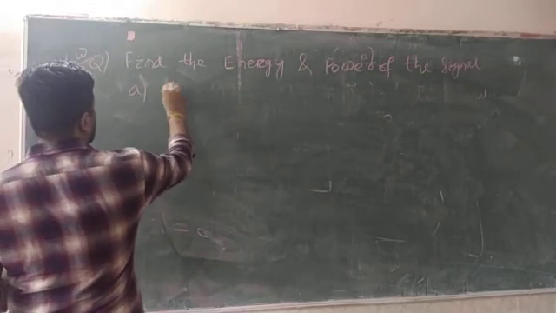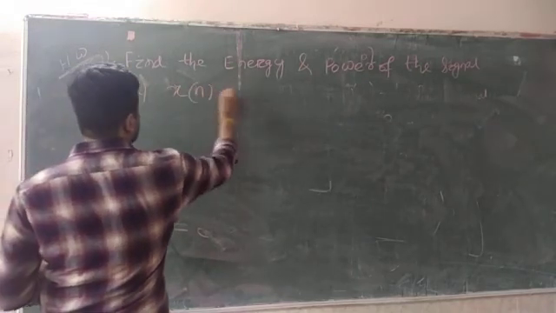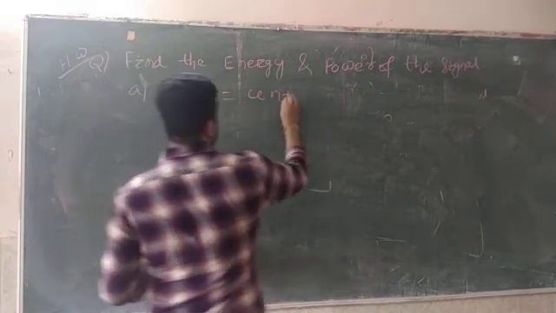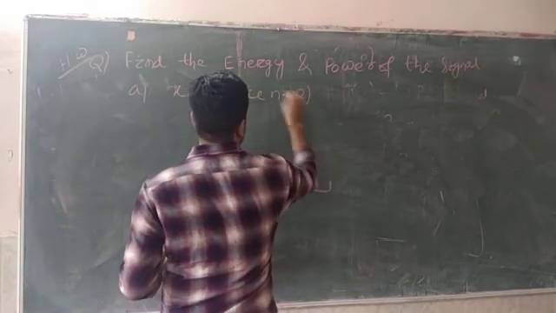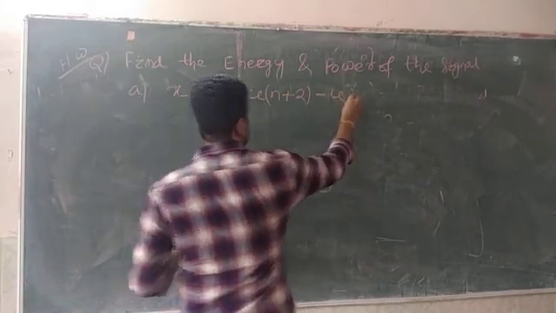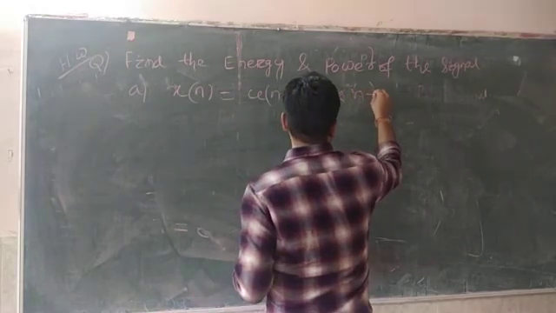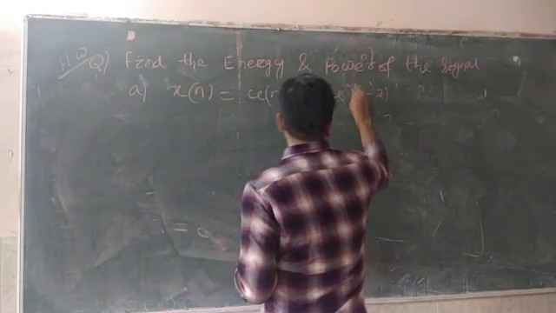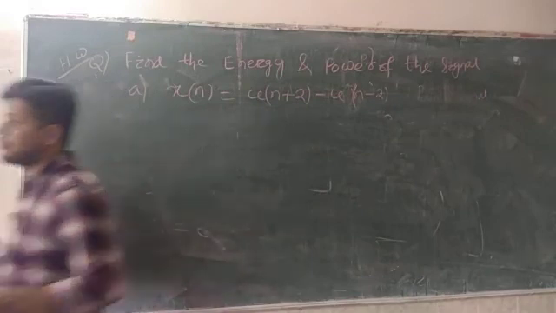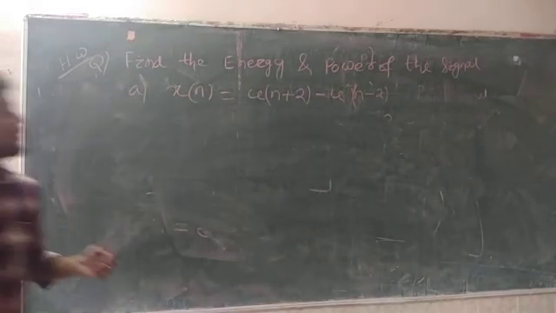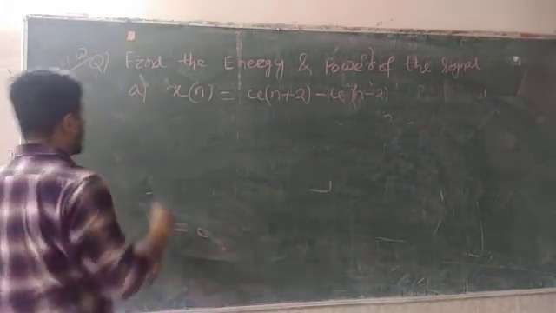Question A: x[n] is equal to u[n+2] minus u[n-2]; that you have to find.